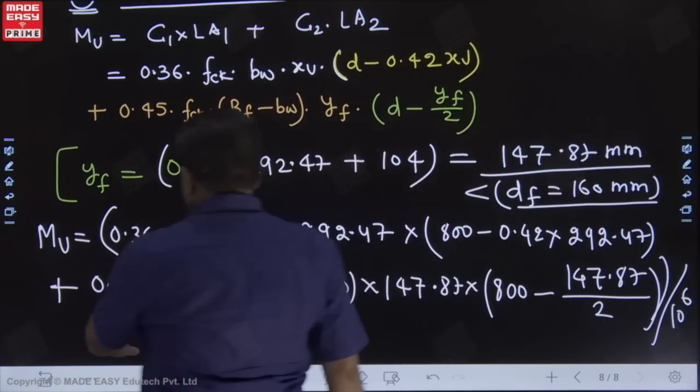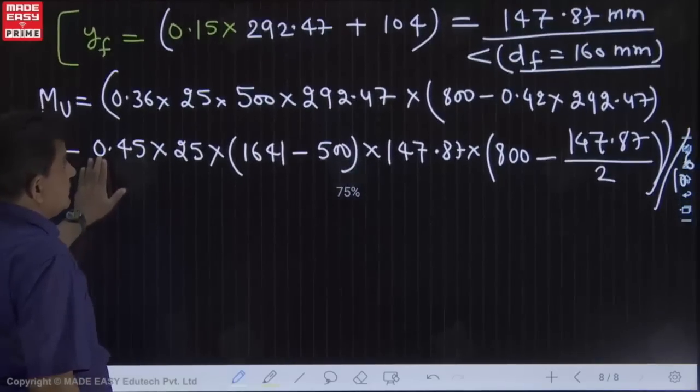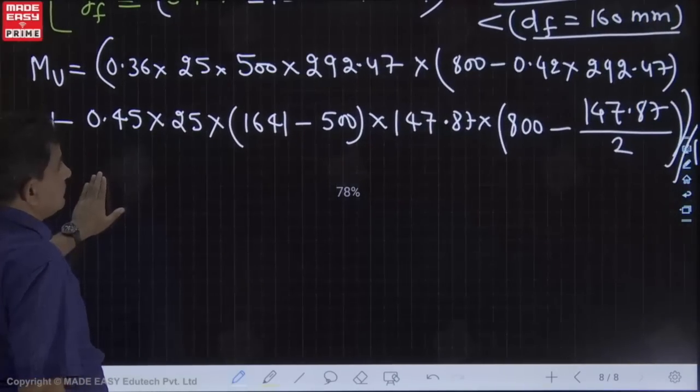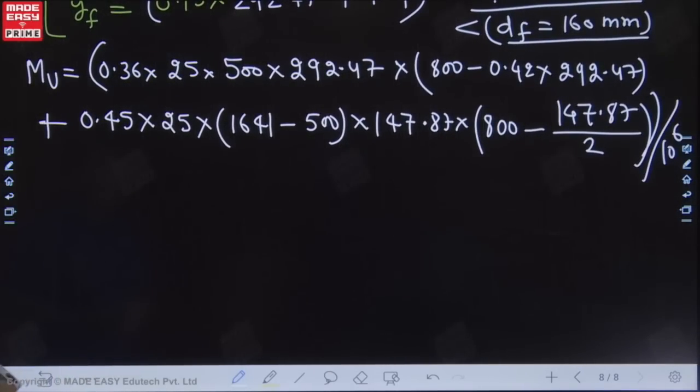So what is the total moment of resistance that we can calculate and write? Let's see.